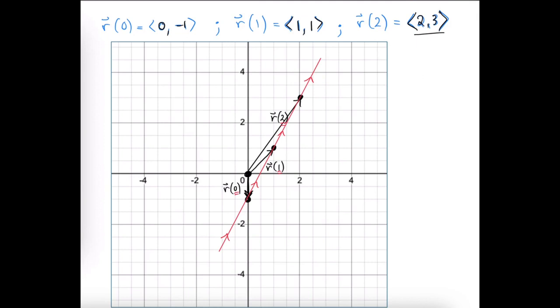But the idea here is that the vector valued function r of t, which we have found to be ⟨t, 2t - 1⟩, is basically going to be a function that traces out the line with its tip, or its terminal point. This function is going to terminate at points that are on the line, or we can think about that as tracing out the line with its terminal point.